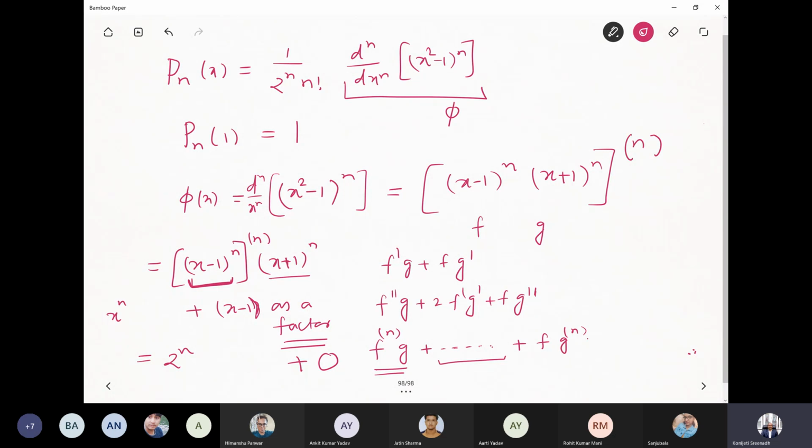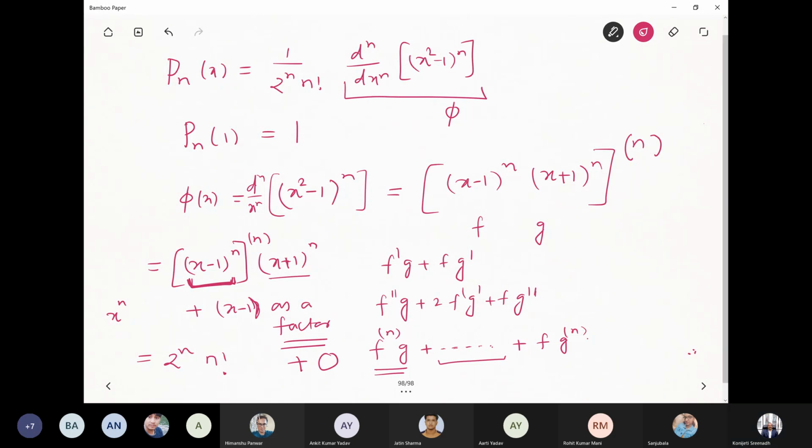So that if you differentiate n times, I am going to get factorial n. And again, all other terms in the expansion of this will have x minus 1 as a factor. Therefore, those terms are also going to become 0.